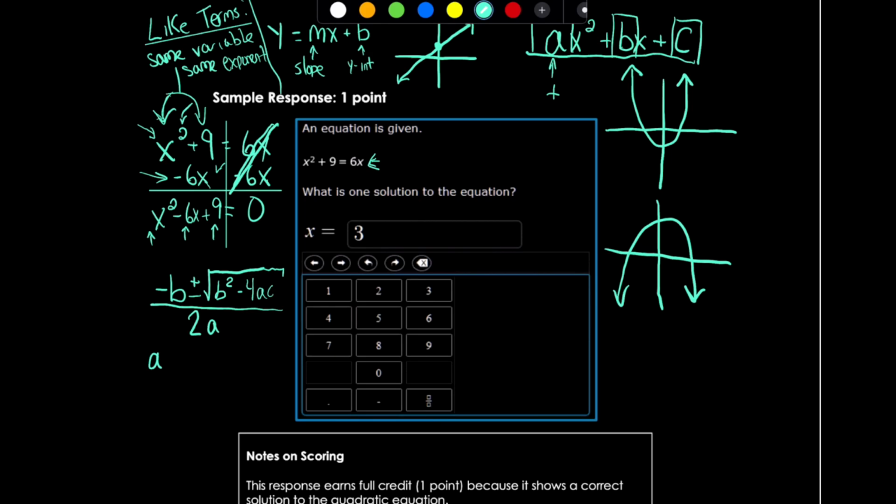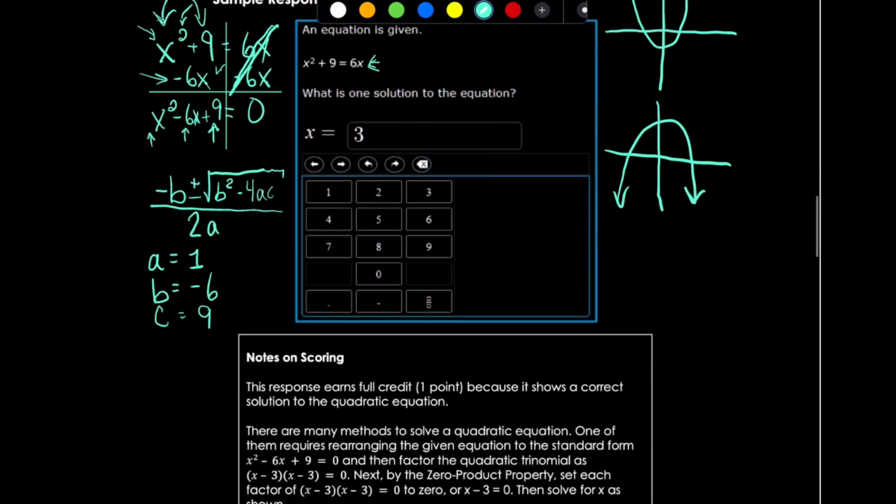So we assume, if there's not one there, we assume it to be 1. B is the coefficient of your x term. That would be negative 6. C is your constant right here. That would be 9. Okay?